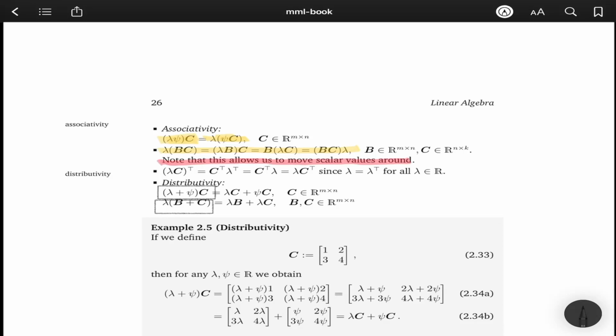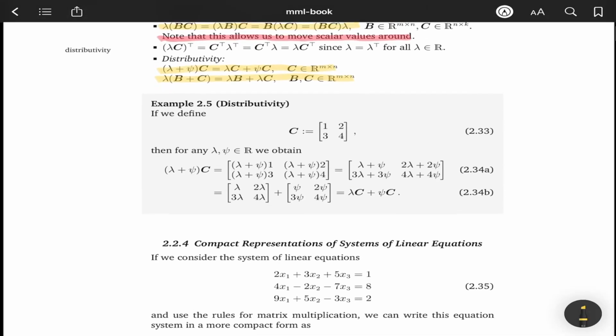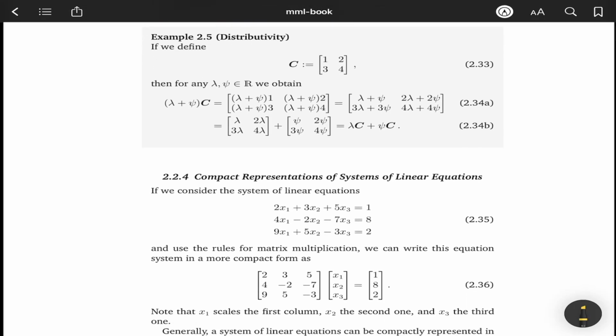You don't need to multiply each one and then add those sums together, those matrices together. Okay, so here's an example. I will just not look at the rules. Let's try to do it in our head.